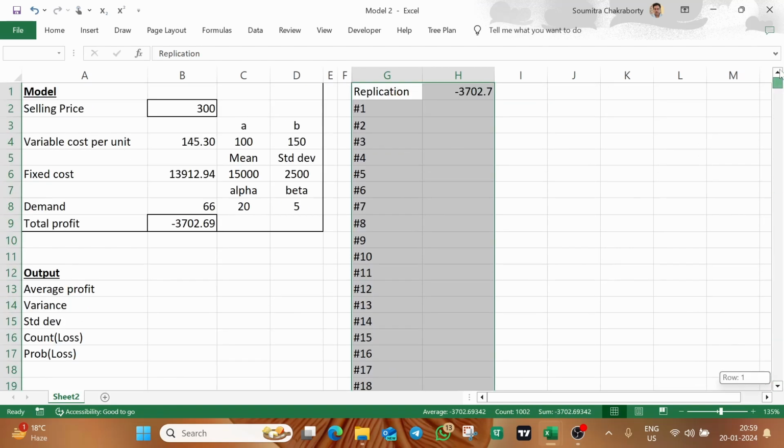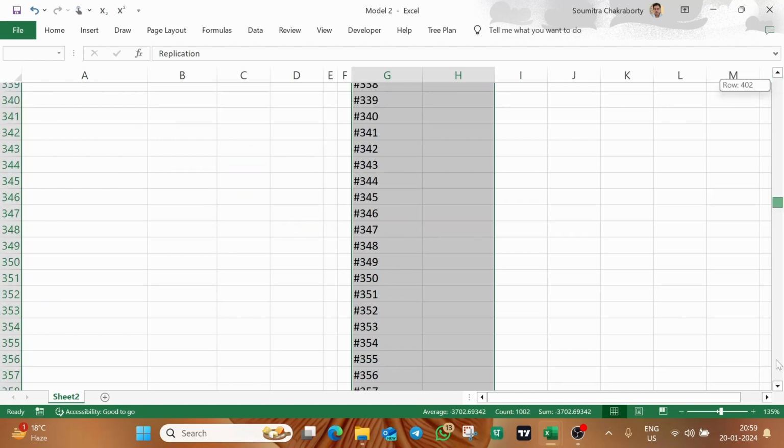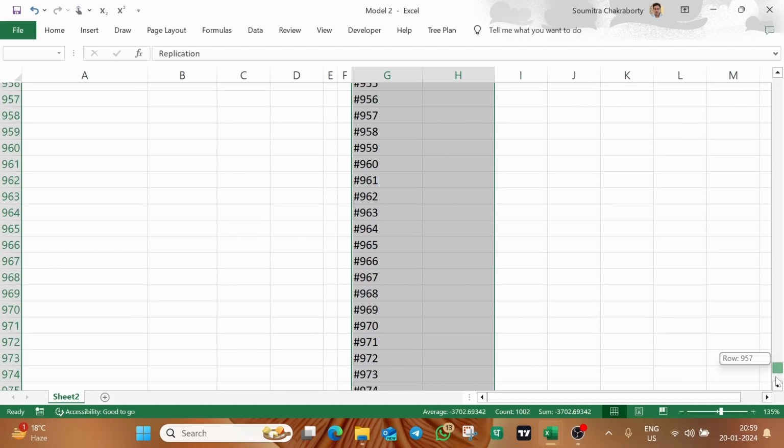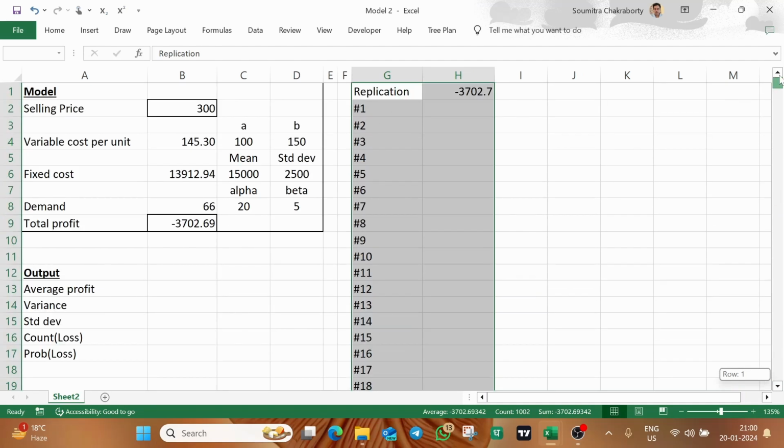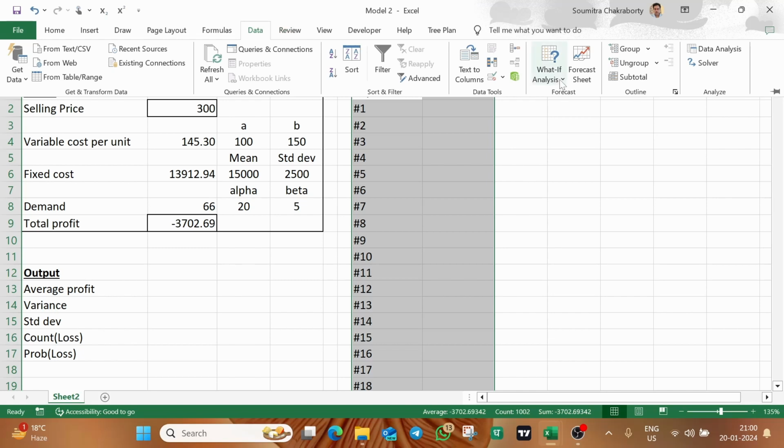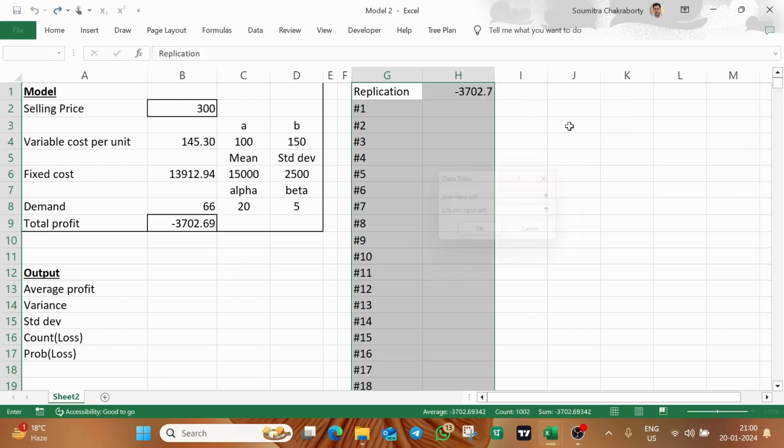Means including the heading also. That means G1 to H 1001, right? So we will select the entire range. Then we will go to data, what if analysis, and data table.